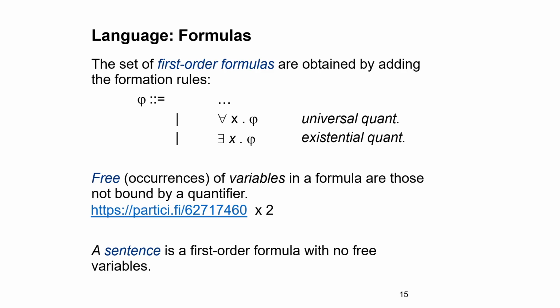But if it has, for example, the variable x in this formula, then this means that x will have the value that we used in this quantification here. So x is then bound to this x. But if there are two variables in there, for example, x and y, and we only bind x, then y is still a free variable. So it occurs freely inside the formula.